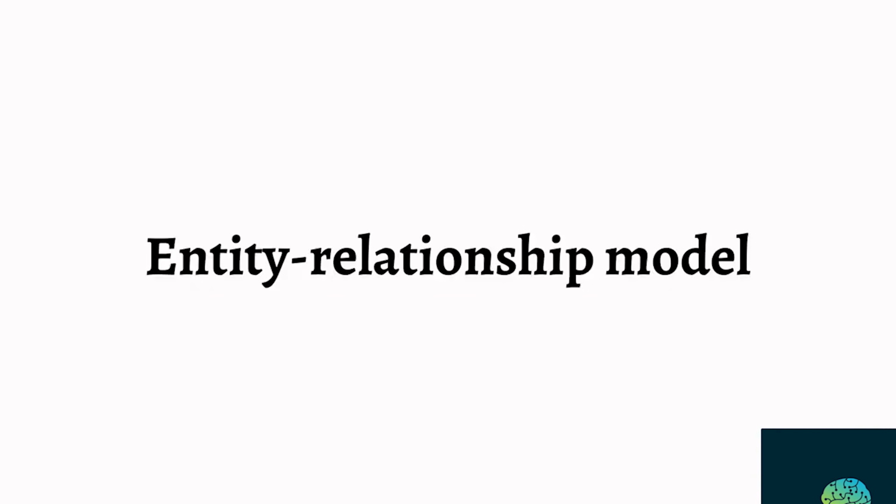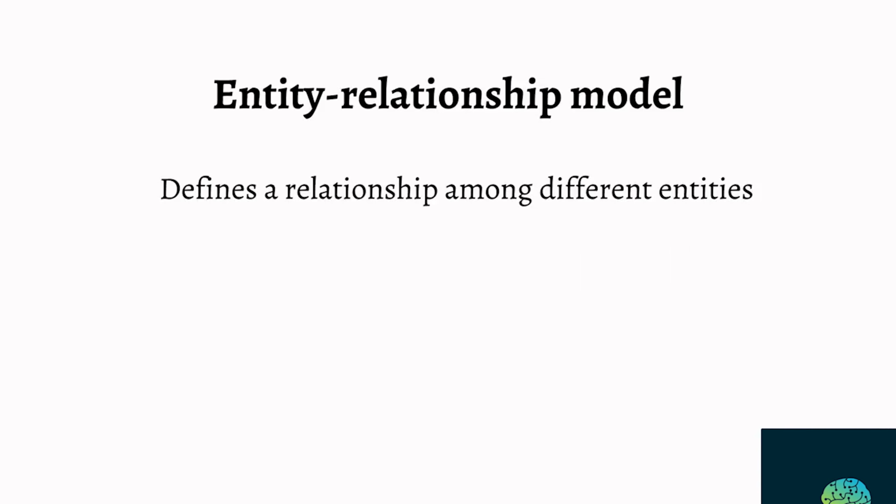Finally, the last one is the entity relationship model. Now, the relational model is based on one single entity. However, the entity relationship model defines a relationship among different entities. That means the entity relationship model emerges from the combination of relational models.